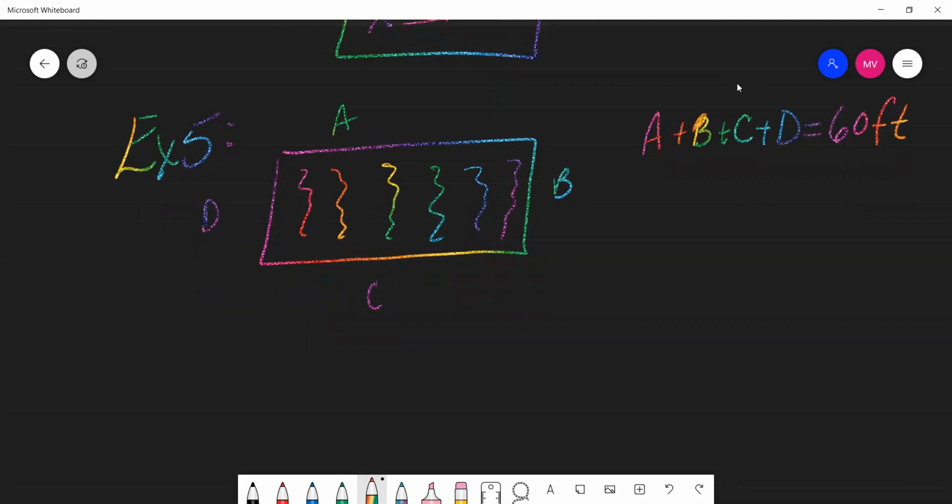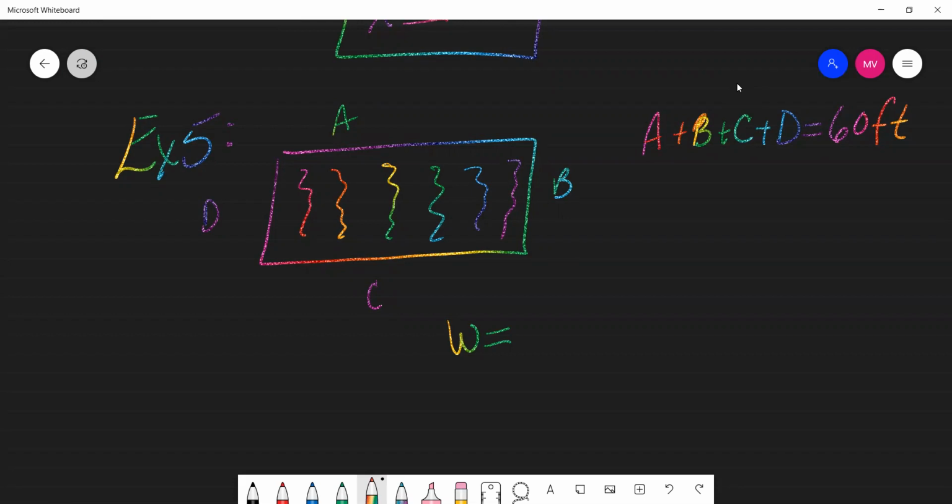All right, so let's define our width. The width must be what? 5 more than half the length. So how do we write 5 more than half the length?